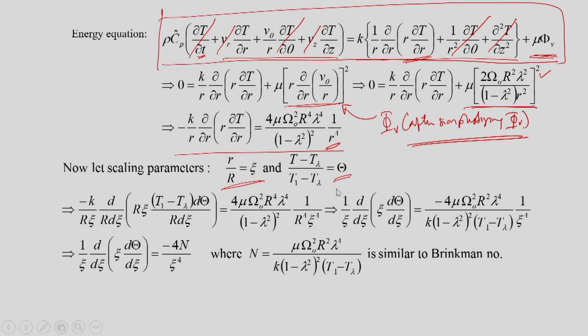When we apply these scaling parameters in this equation, we have minus k as it is, small r is capital R ξ, d by dr is 1 by R d by dξ, and dT is d capital Θ multiplied by (T1 minus T_λ). So dr is capital R dξ, and dT is (T1 minus T_λ) dΘ.